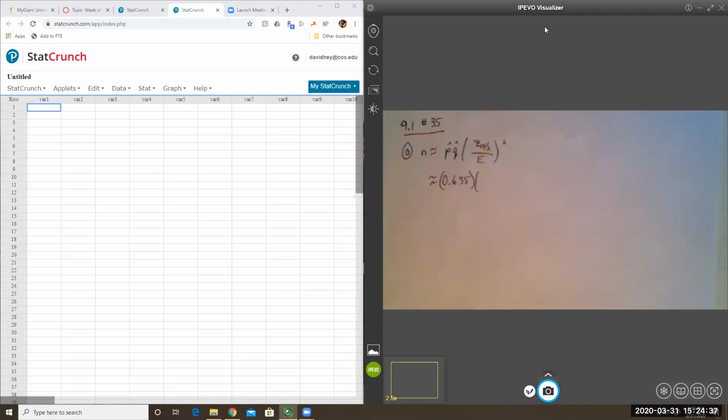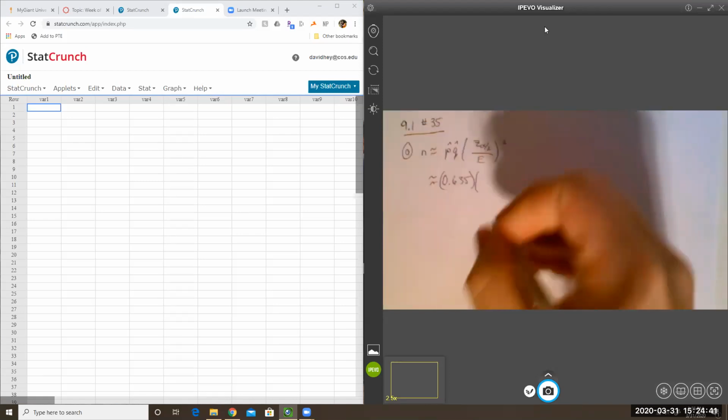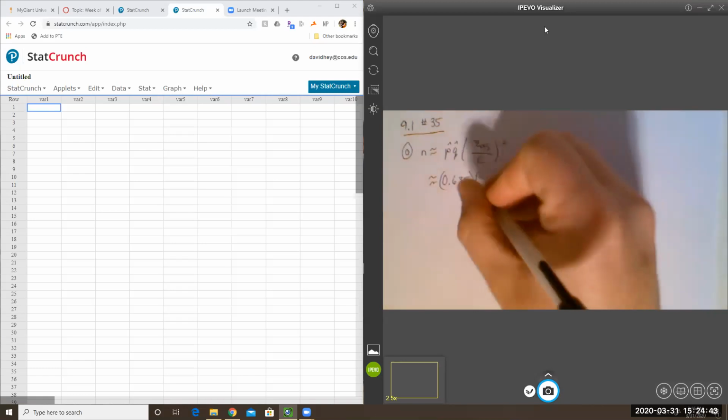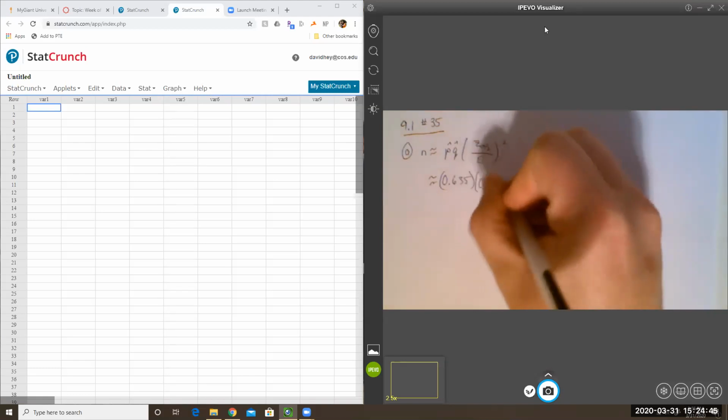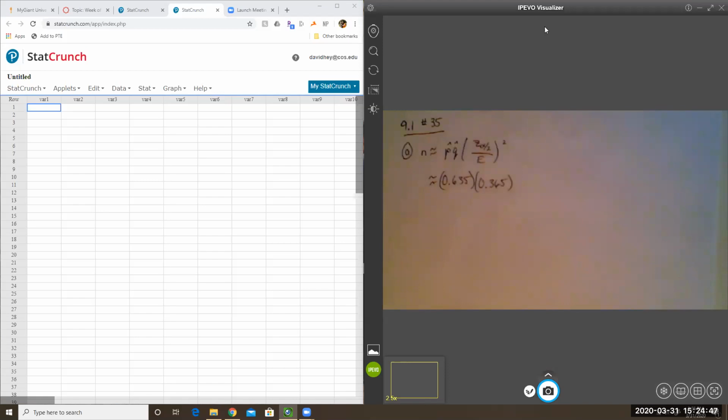So 1 minus 0.635 is 0.365. That's kind of trippy. And then we need z sub alpha over 2.